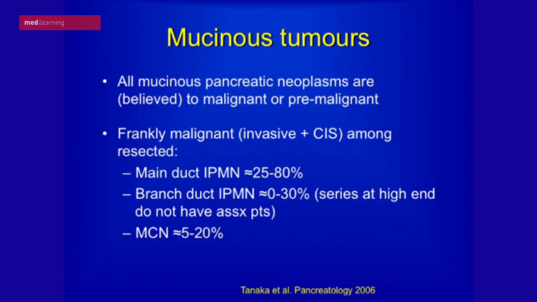Now, when we look at main duct IPMT, the risk of becoming malignant is higher than that of branch duct. It is also higher than that of mucinous cystic neoplasms themselves. And actually, with main duct IPMT resections, nearly 25 up to 80% were found to have foci of invasive malignancy on the resected specimen.